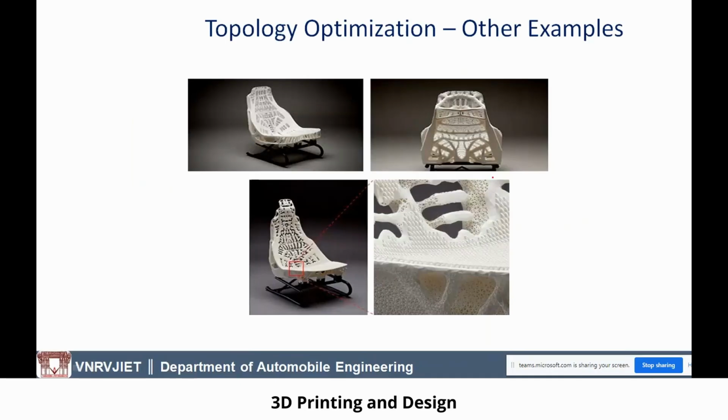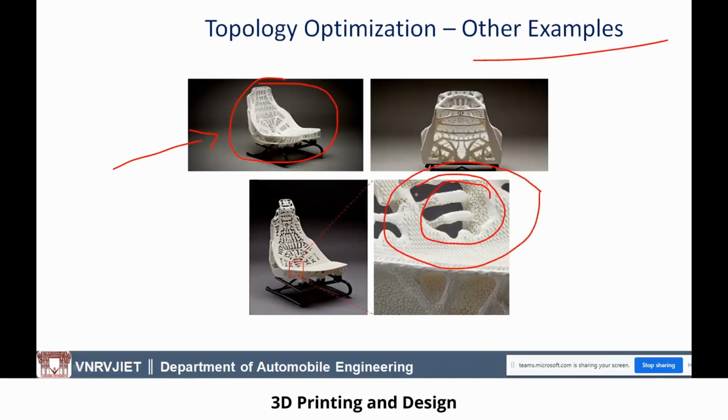Okay, and you can see some other examples of how the topology is optimized. Here, a seat of an automobile car, and you can see the details, and some extra fittings or arrangements so that the driver feels comfortable without getting any back pains, even if you go for long drives.